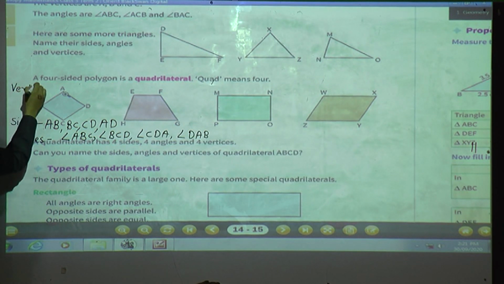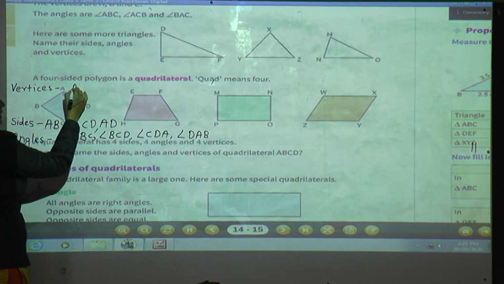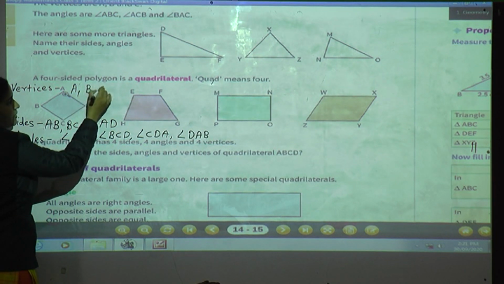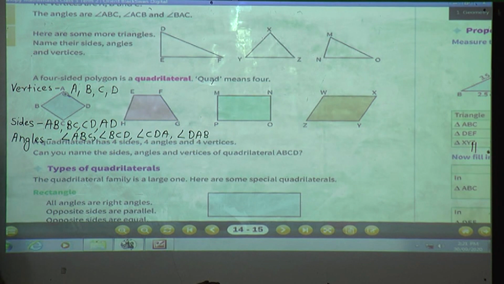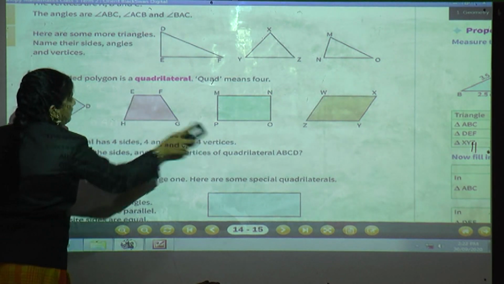Now, vertices. Vertex A, B, C and D are the four vertices. So therefore a quadrilateral has four sides, four angles and four vertices. Here in this figure also same.